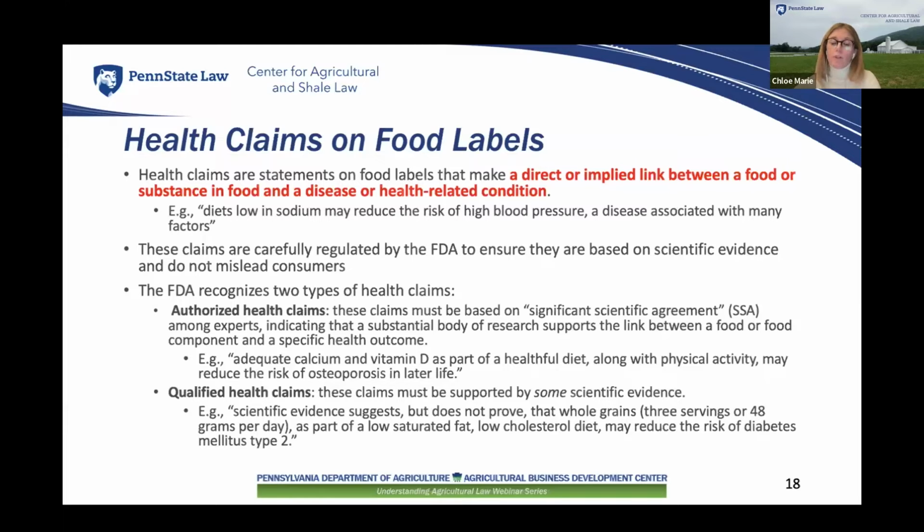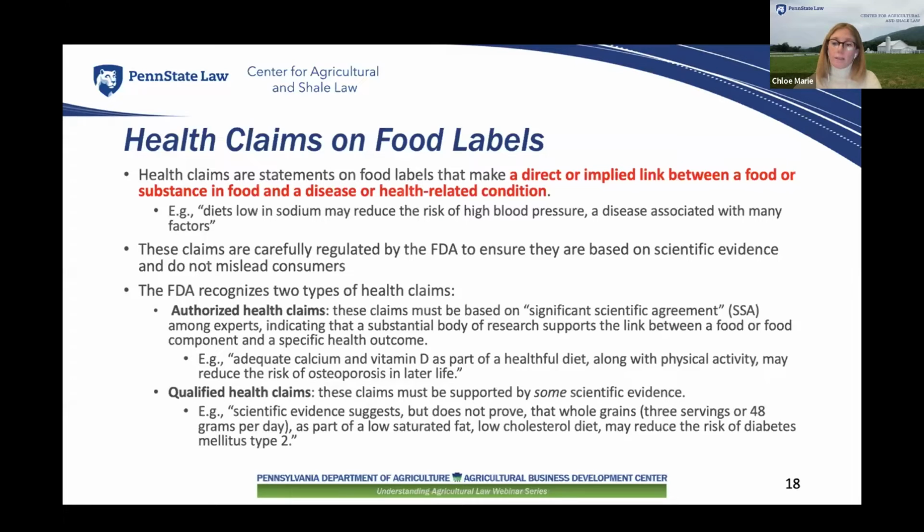Authorized health claims, which means that there must be significant scientific agreement among experts that the claim is supported by a large body of scientific evidence linking a particular substance to a specific health benefit. For example, adequate calcium and vitamin D as part of a healthful diet, along with physical activity, may reduce the risk of osteoporosis.